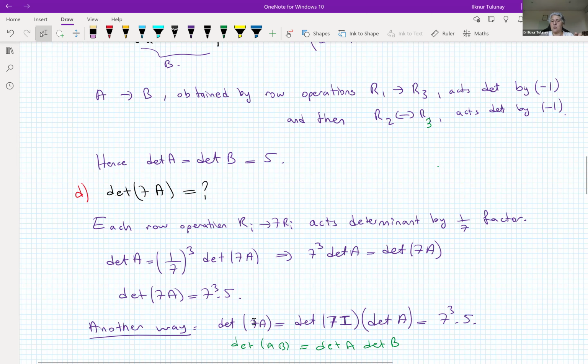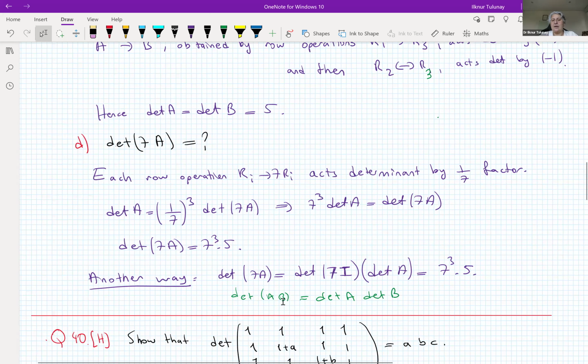I'm thinking about this as a multiplication of two matrices. I'm using the rule that the determinant of A times B is equal to the determinant of A times the determinant of B. One of them is 7 times the identity, the other is matrix A itself. The determinant of 7 times the identity matrix has only the 7s on the diagonal, so you have 7 cubed, and the determinant of A is 5. Both of them are perfectly fine answers for this question.